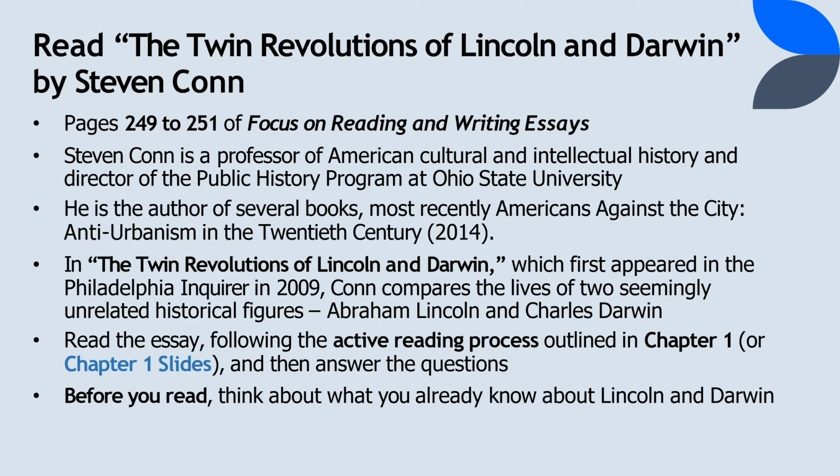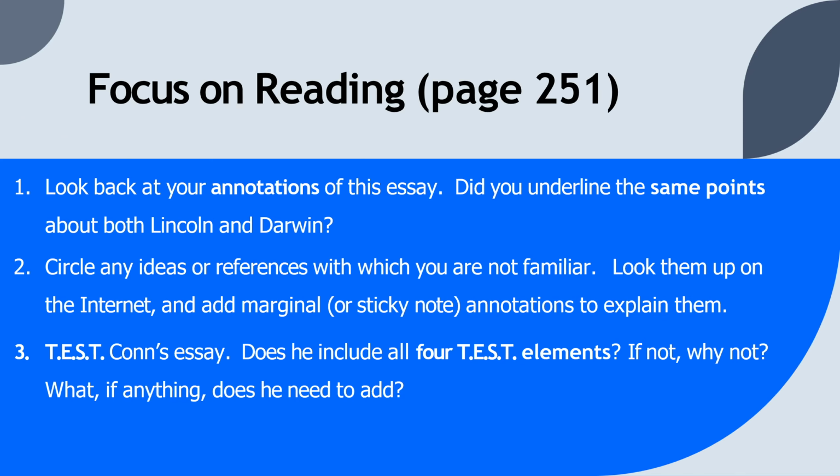As always, while you're reading, think of your active reading processes. Think of what you already know about Lincoln. He was a president during the Civil War. He helped free the slaves. Think about Charles Darwin. A lot of us think about evolution. And he cataloged a lot of species. It was about survival of the fittest, natural selection.